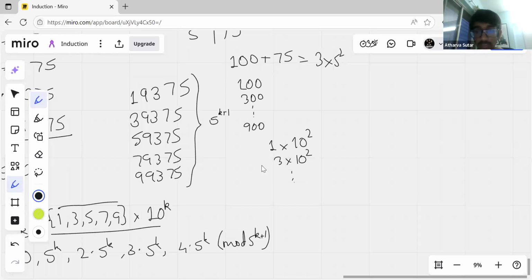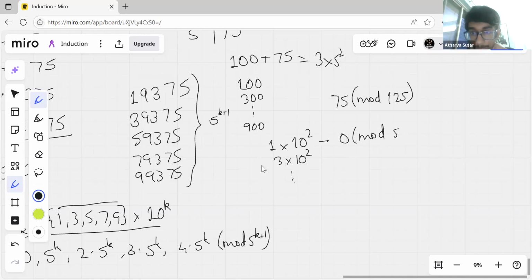And now you know that this is congruent to 0 mod 5 squared, and these are 4 times 5 squared, 8 times 5 squared, 12 times 5 squared.